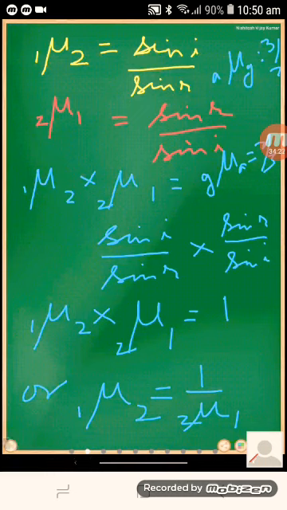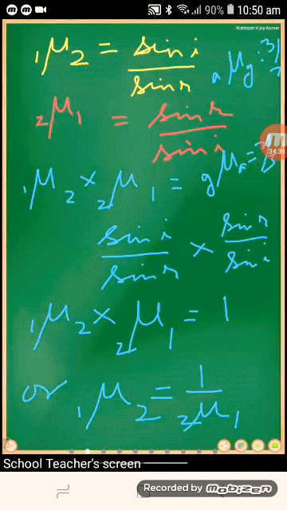That's all. And therefore you can say that the refractive index of the second medium with respect to the first medium is the reciprocal of the refractive index of the first medium with respect to the second medium. That is the significance of this.